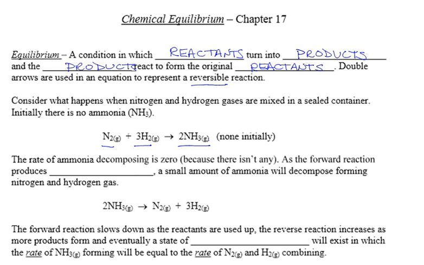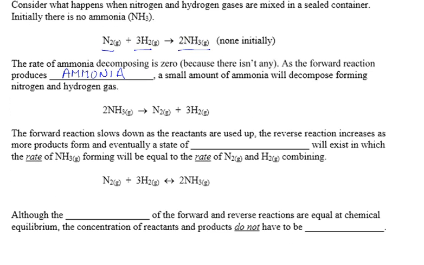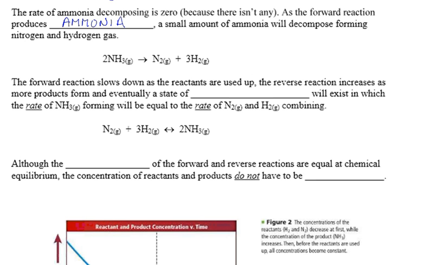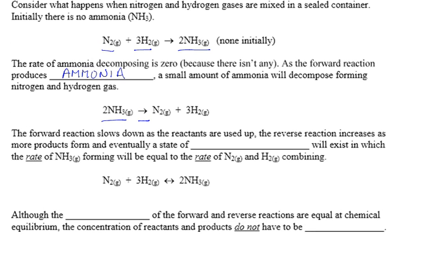As the forward reaction produces ammonia, a small amount of ammonia will then decompose, forming the original reactants, nitrogen and hydrogen. So here is ammonia, we're showing with a single arrow, reproducing the original reactants, nitrogen and hydrogen.